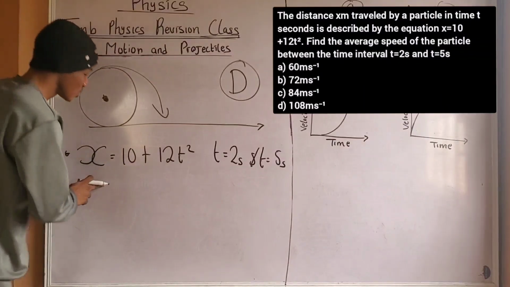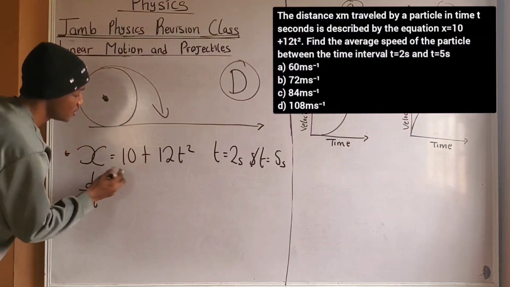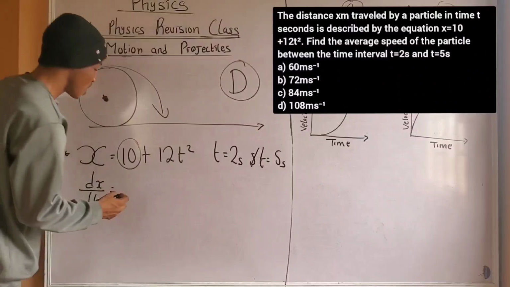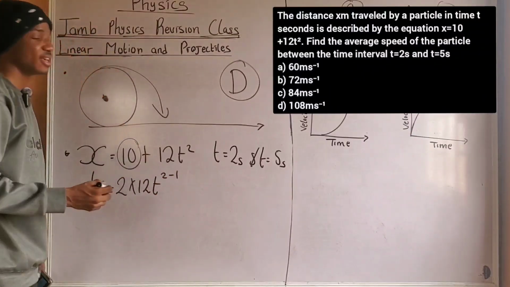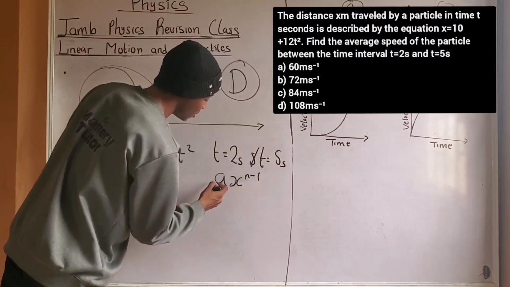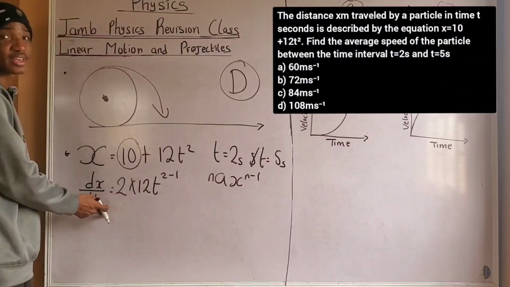So I'm going to have dx over dt equals, if you differentiate a constant, you're going to have 0. If you differentiate 12t squared, you're going to have 2 times 12t raised to the power of 2 minus 1. You remember this formula: a x raised to the power of n minus 1, multiplied by n. It is that same formula that you make use of here.